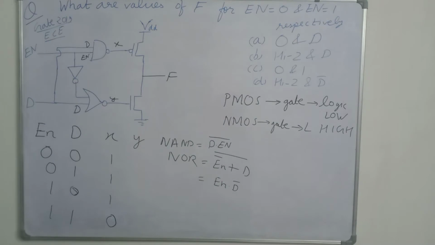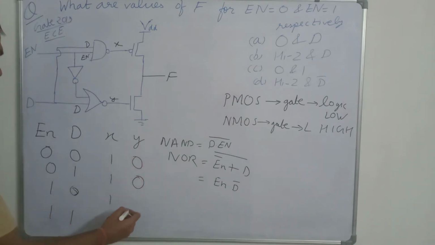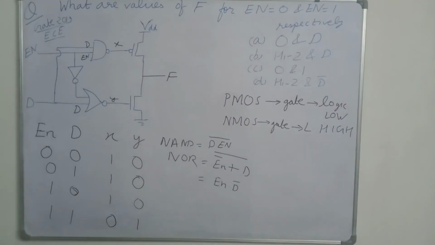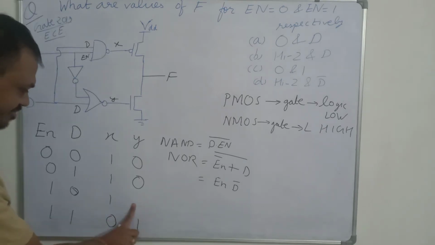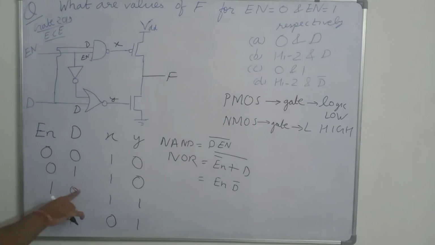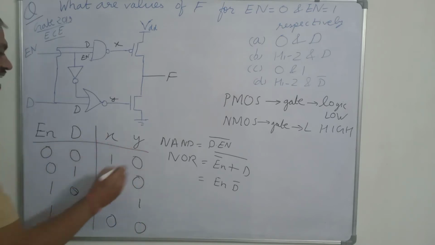So this will be 0, this will be 0 and this will be 1. Sorry, this will be 1 and this will be 0 because enable dot D bar. So enable and D bar will be 1. So 1 dot 1 is 1 and D bar is 0. So enable dot D bar is 0. So these are the outputs X and Y.